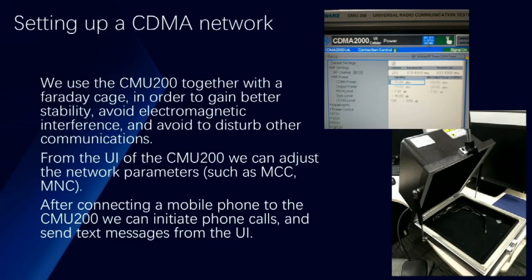Using this machine's user interface, we can adjust the network parameters such as the country code, the network code, and even the channel numbers. After connecting a mobile phone to this machine, we can connect to the network that this machine creates. We can make phone calls and even send text messages from the interface.